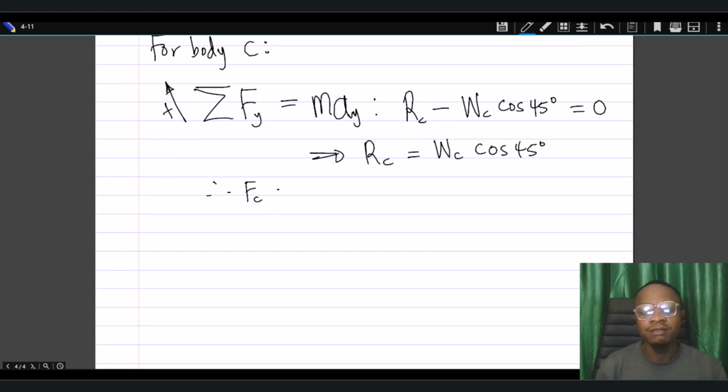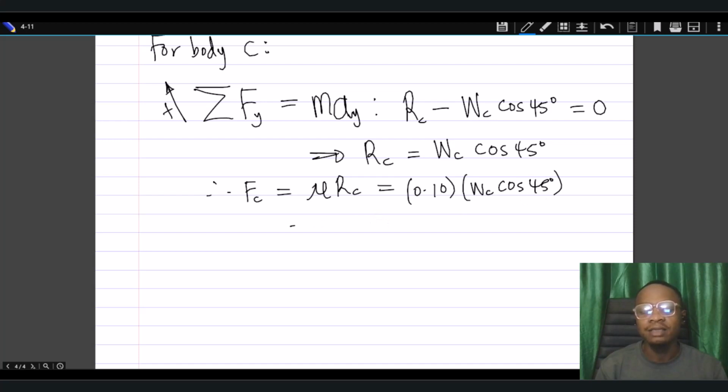So we can say that the frictional force on body C, we know that should be equal to, let's not jump the process, mu multiplying the normal reaction on C. We know mu as provided in the problem statement is 0.10. Then we know RC is WC multiplying cos 45 degrees.